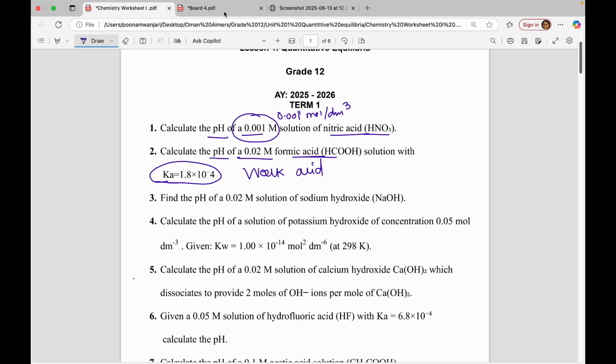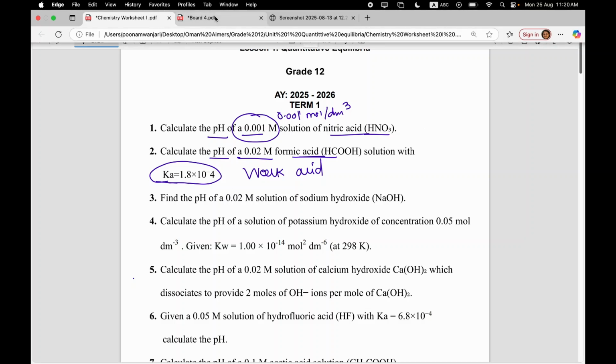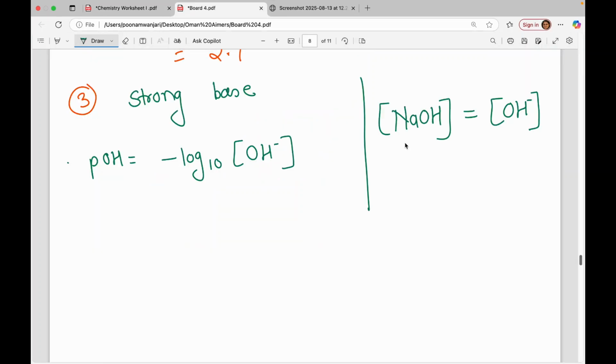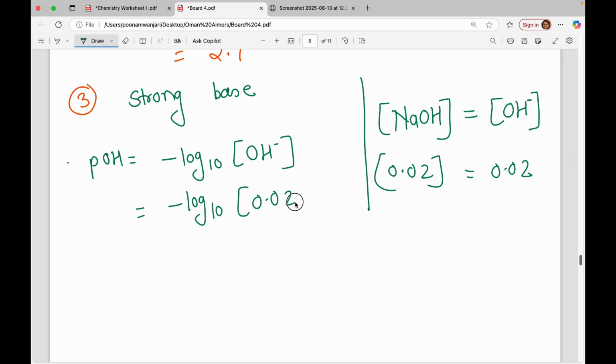So directly now you have the concentration of hydroxyl ion. What is the concentration? See, it is a 0.02 molar solution, so the hydroxyl ion concentration is also equal to 0.02. So negative log to the base 10 of 0.02. From this equation you will get pOH.